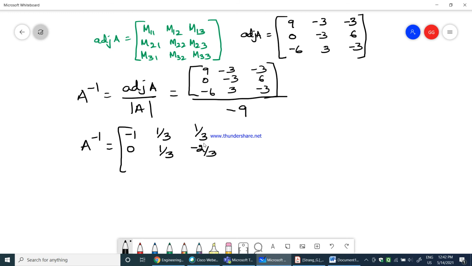Again minus 6 by minus 9 is plus 2 by 3, 3 by minus 9 is minus 1 by 3, whereas minus 3 by minus 9 is 1 over 3.